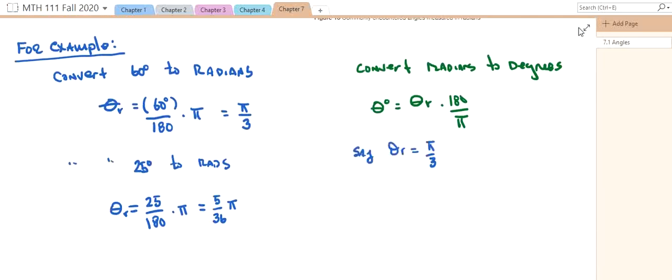So let's say our theta is pi over 3, so we know that should equal 60 degrees, right? Well, let's do the math. Theta in degrees equals pi over 3 times 180 over pi. We see here that the pi's cancel out. We get 180 over 3. This then equals just 60 degrees.